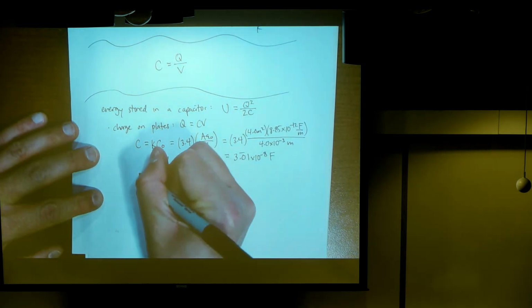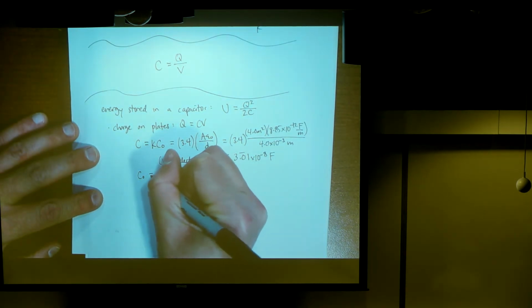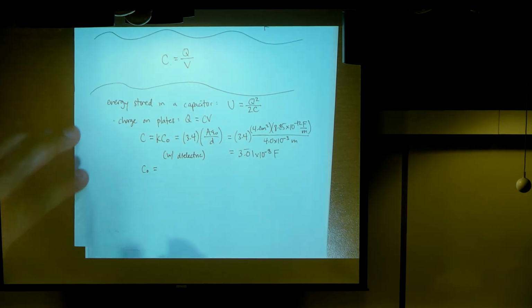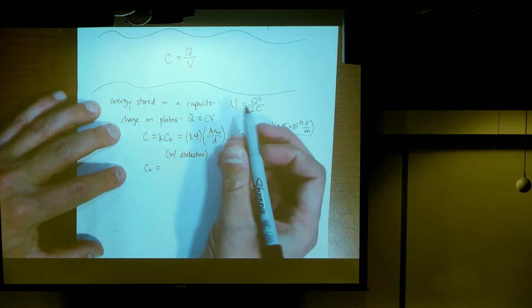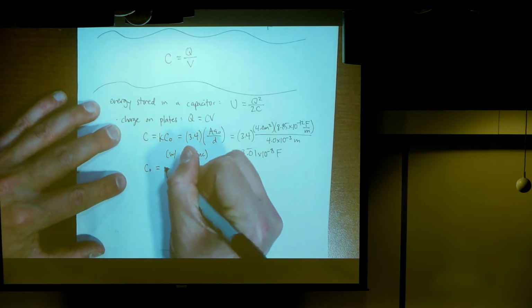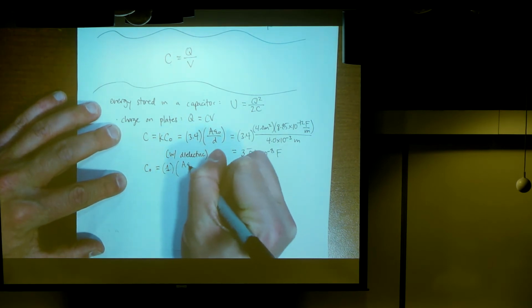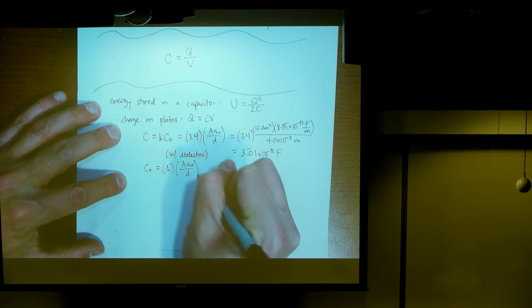Now let's actually do it without the dielectric. That's C naught, because we're gonna need to know this as well, okay? In this case, I'm basically just multiplying by 1 times A epsilon naught over d. Okay?